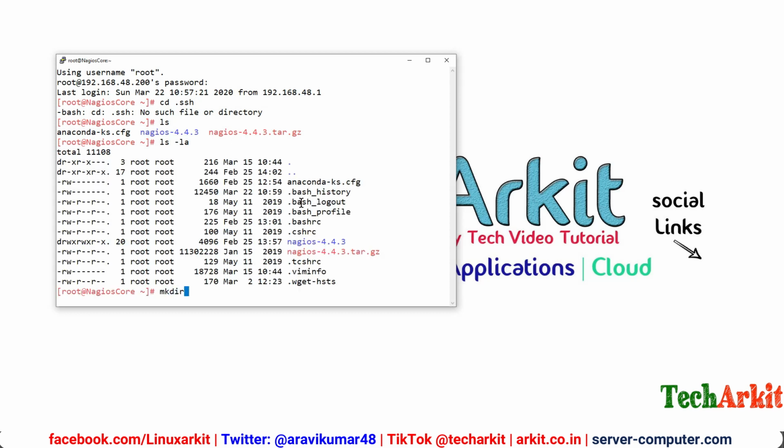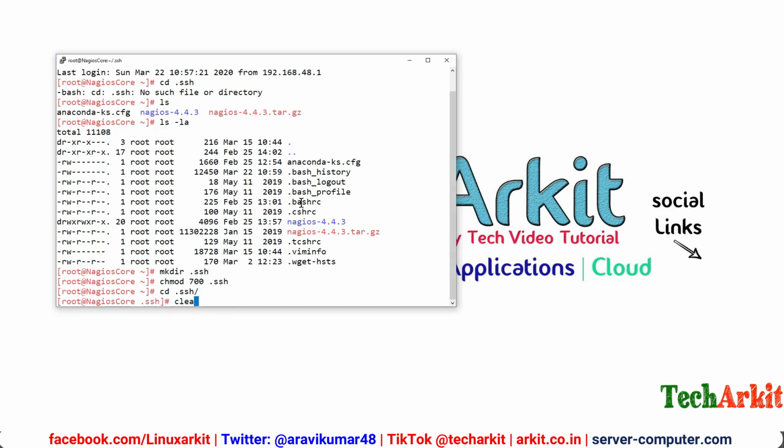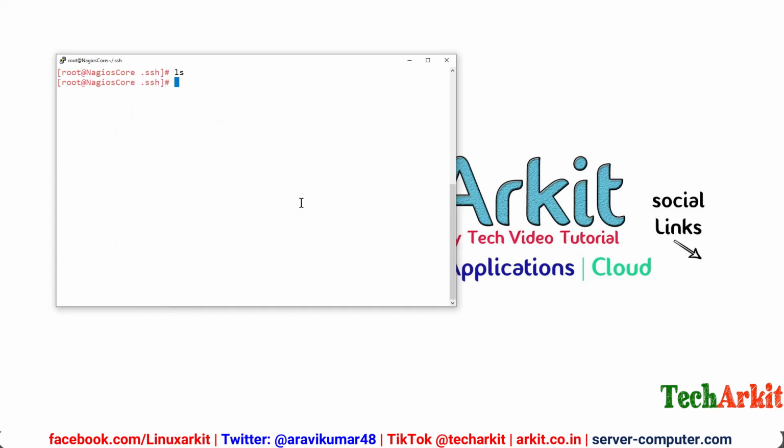What you can do is simply create .ssh and change its permission to 700, and go to the .ssh directory and create an authorized_keys file. Remember, there should be no spelling mistakes, and paste this key.